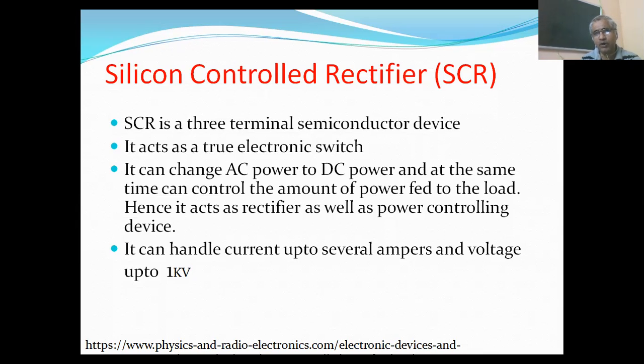Basically, it is a power controlling device, and therefore it controls higher currents, up to several amperes, and voltages up to 1 kilovolt. So these are the features of this rectifier.